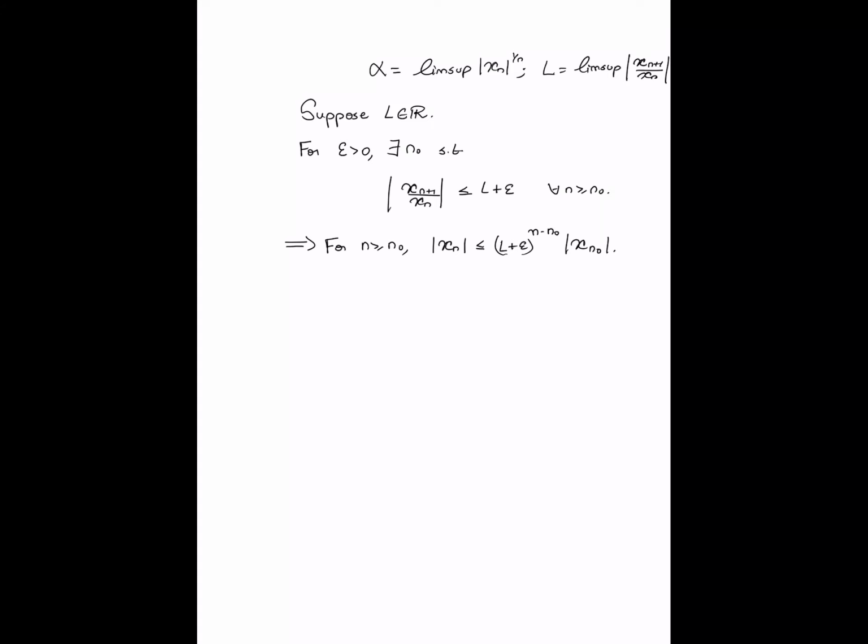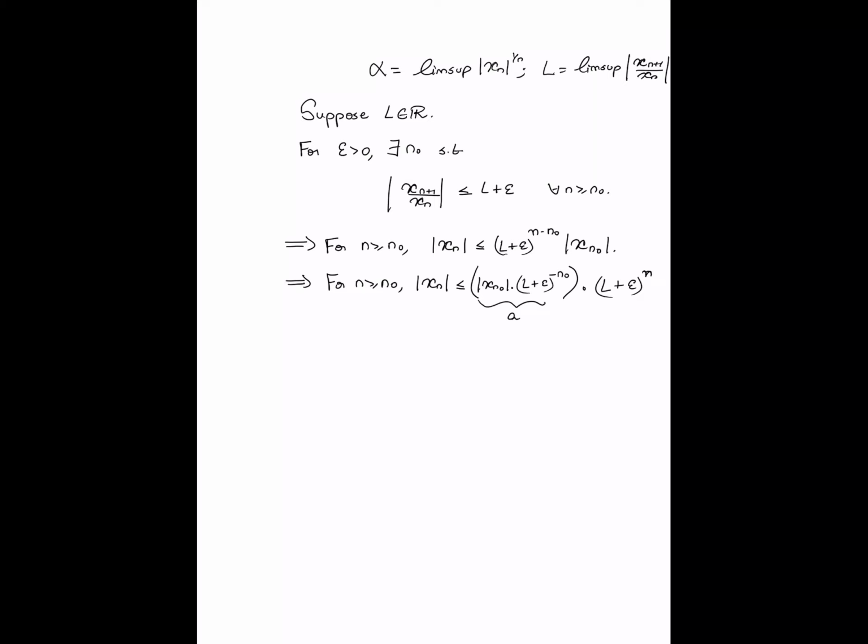I leave that for you to check, which implies again that for n greater than or equal to n naught, absolute value of xn is less than or equal to some constant, which let's call it xn naught times L plus epsilon raised to minus n naught. This entire thing, let's call it a, into L plus epsilon raised to n.